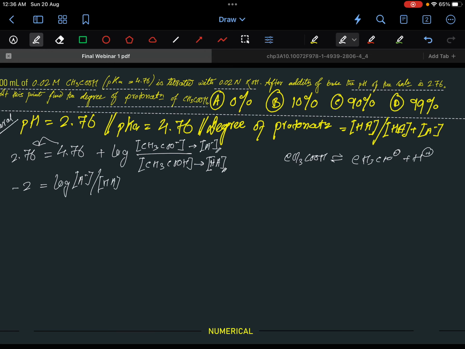If we bring this one here, the log property comes, that is minus 2 equal to log of x. Then what will happen? x equals the anti-log of minus 2, where x is the ratio of A minus and HA.